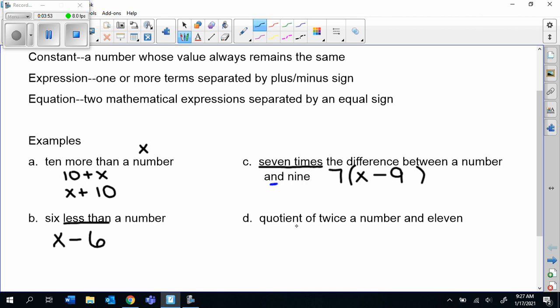D, quotient. Division is always a little bit trickier, especially when we add in fractions and all of that. Quotient just means to divide. What are we dividing? We're dividing twice a number. When we say twice, that means multiply by 2. And again, the "and" represents where the division sign goes, so divided by 11.